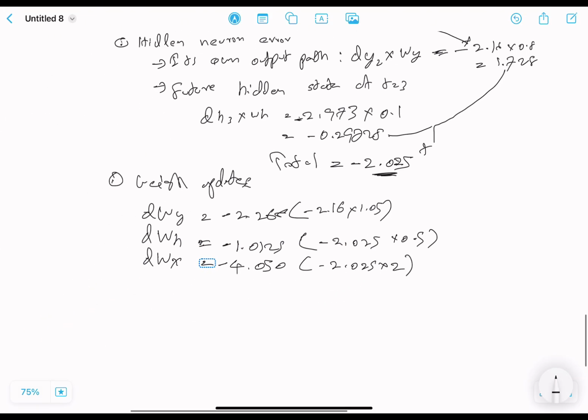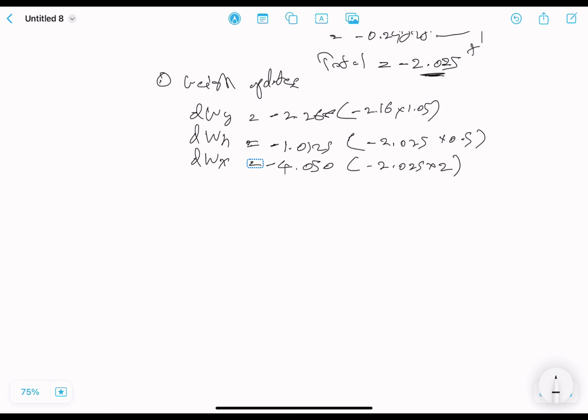So this is the weight update, right? Now I hope you have a basic understanding. Now I'll quickly go through the time step 1 calculation.